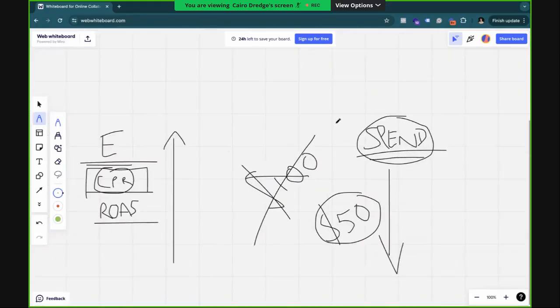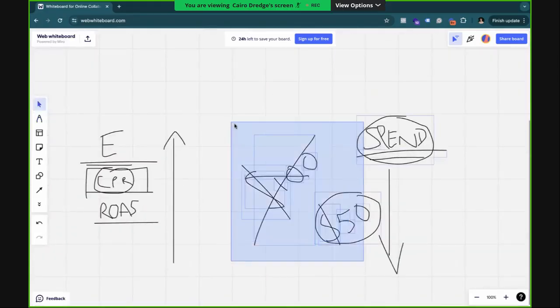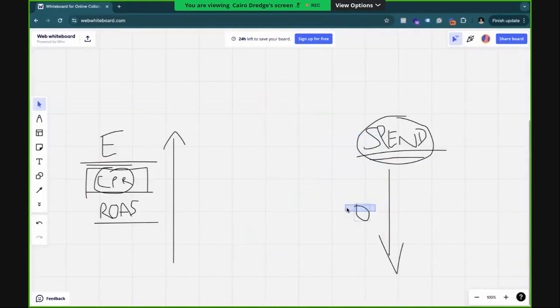So we're back to this relationship between efficiency and spend. When we control our efficiency to the maximum, we get a maximum amount of efficiency that we can expect, but we also get a lower amount of spend control, even lower than cost per result goal.